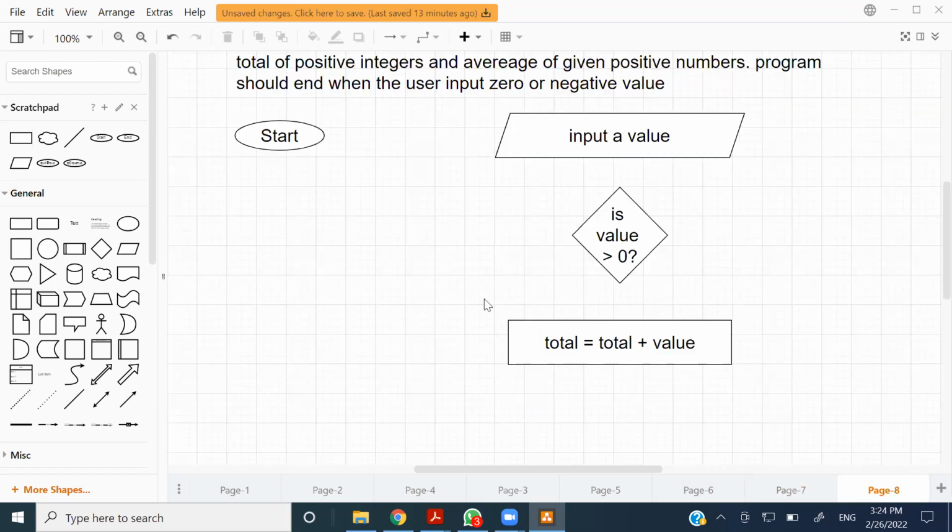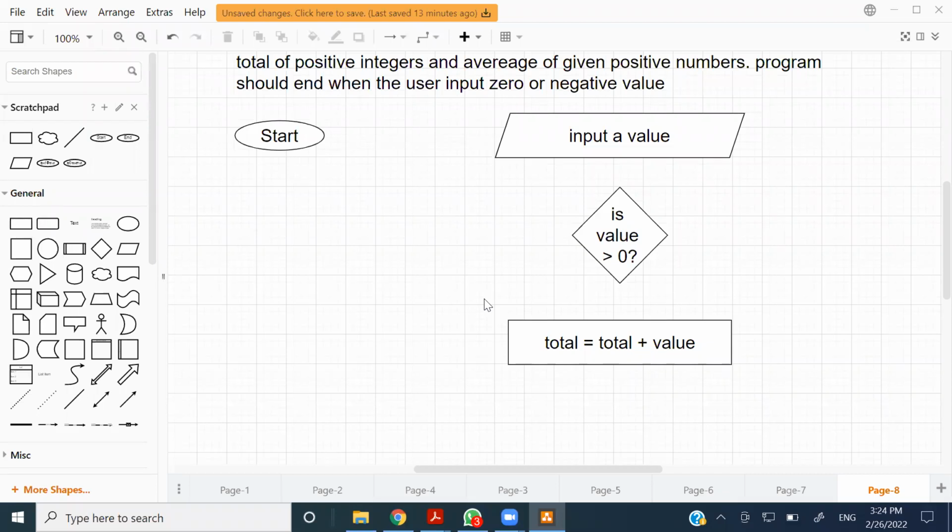If we say average equals sum divided by 2, that's going to be a problem, because we don't know how many input values will be given by the user. We have to take inputs until the user inputs 0 or a negative value. So we can't guarantee that he only gives 2 values. Maybe he will go for 3, maybe he will go for 5.